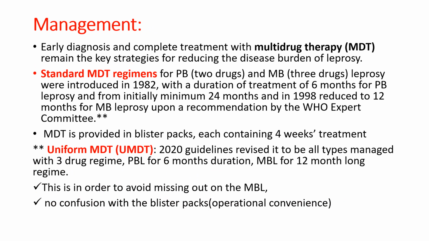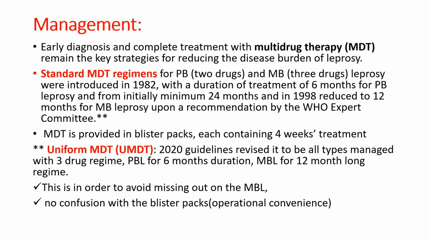Earlier the standard regime used to be followed, but we'll not go into it because now the current regime being followed is the uniform regime, that is UMDT. Here for both paucibacillary and multibacillary, we have a 3 drug regime. The only difference is in the duration.